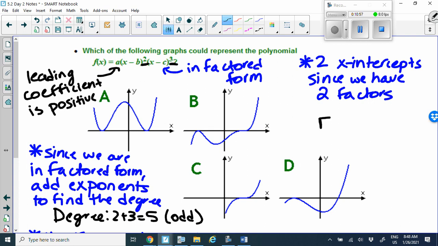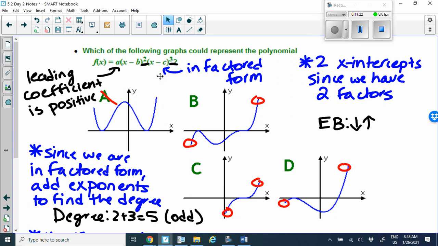Well, for our end behavior, that means we're going to go down, up for an odd positive. Okay? So let's go ahead, let's do a process of elimination. A doesn't work. Okay? We do have a down, up, so B might work. C might work, so we have a down, up. And D might work, so we have a down, up. Okay. So A is the only one that doesn't work.